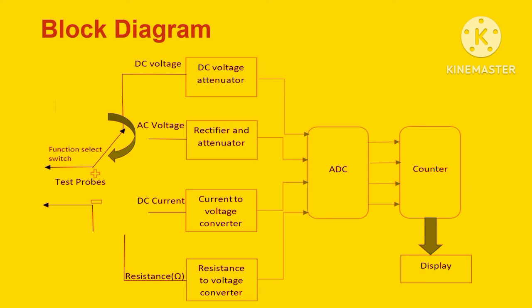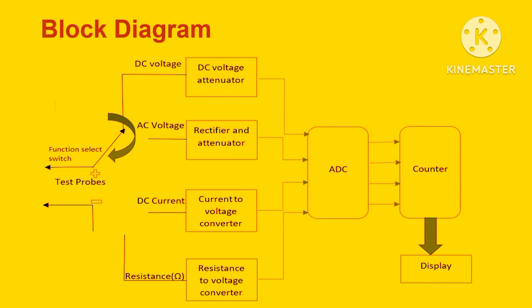Now third block, current to voltage converter. The DC current which is to be measured is applied to this block via the function selector switch. Same, if suppose we change the position of the switch to the DC current, then it will measure the DC current.